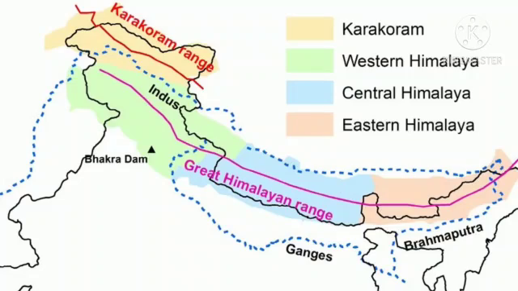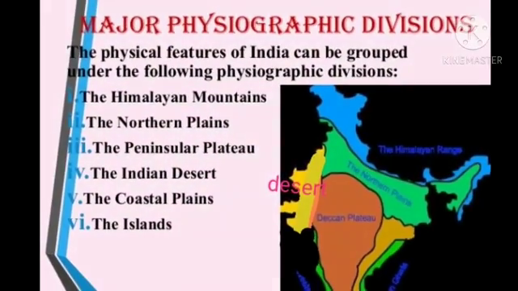Climate is also suitable. Water and electricity facility is available easily. So that's why people prefer to live in the plain areas. In the next part, I will discuss deserts, plateaus areas, coastal plains and island groups in detail.